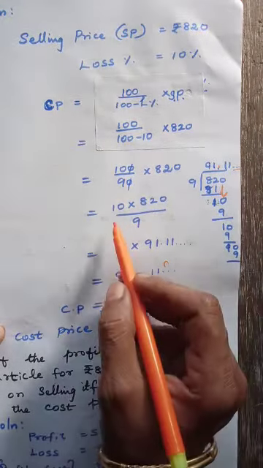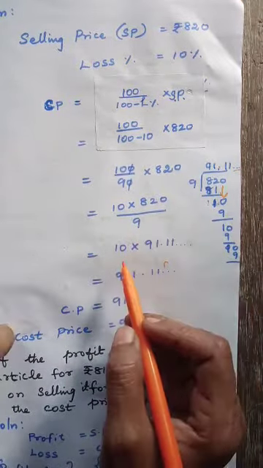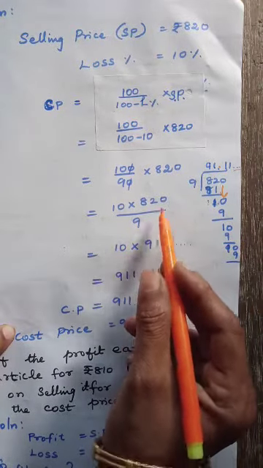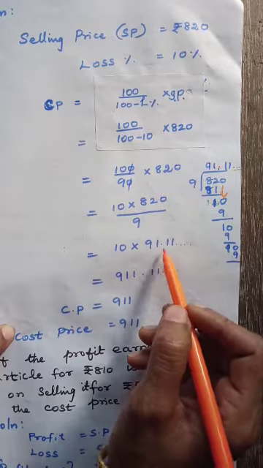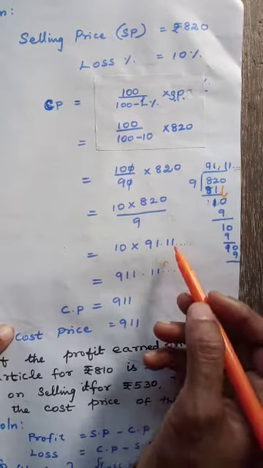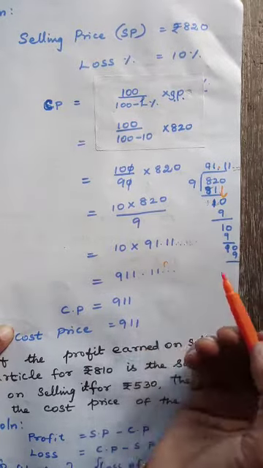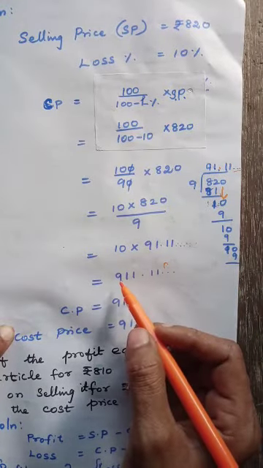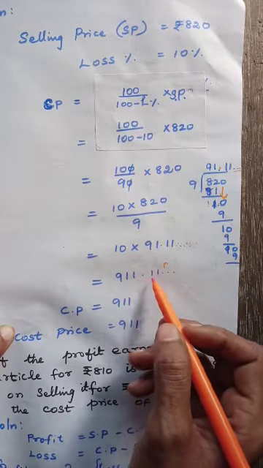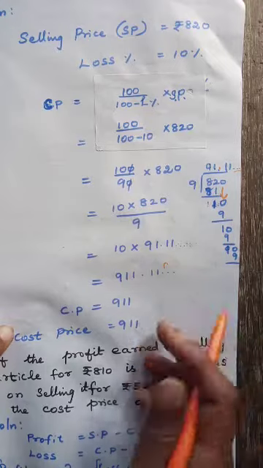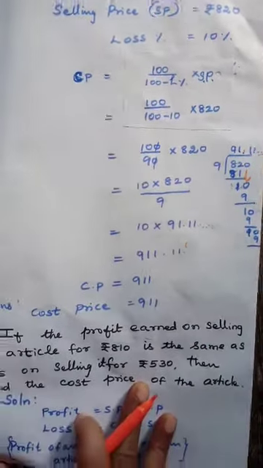So 10 into 820 by 9, that is 10 into 91.11, and the 1s go on. So you multiply and see 911.111. Then round off and say 911.